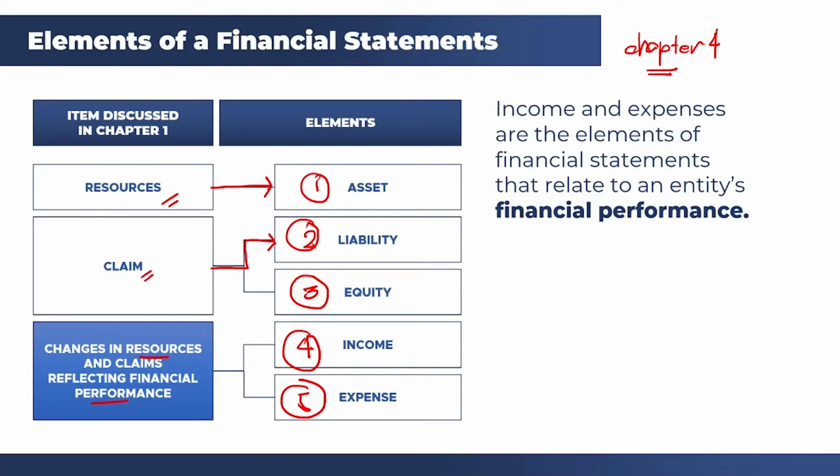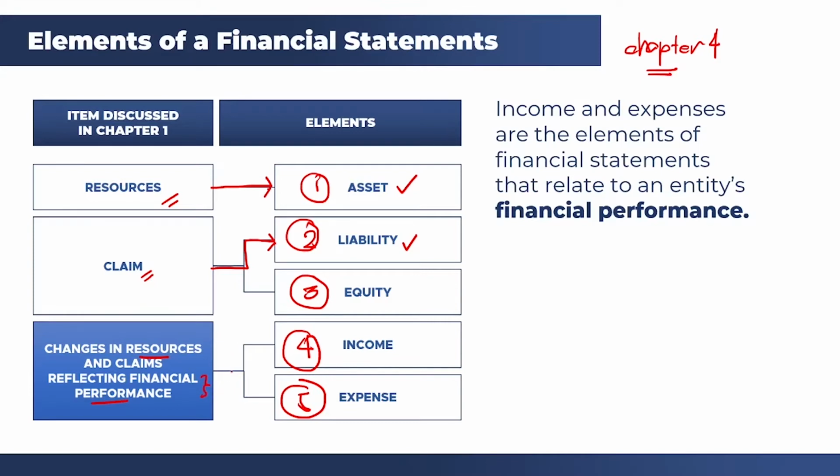In short, income and expenses are simply changes in assets and liabilities other than those pertaining to the owners of the business. That's why we are saying that these are relating to the financial performance of a business.